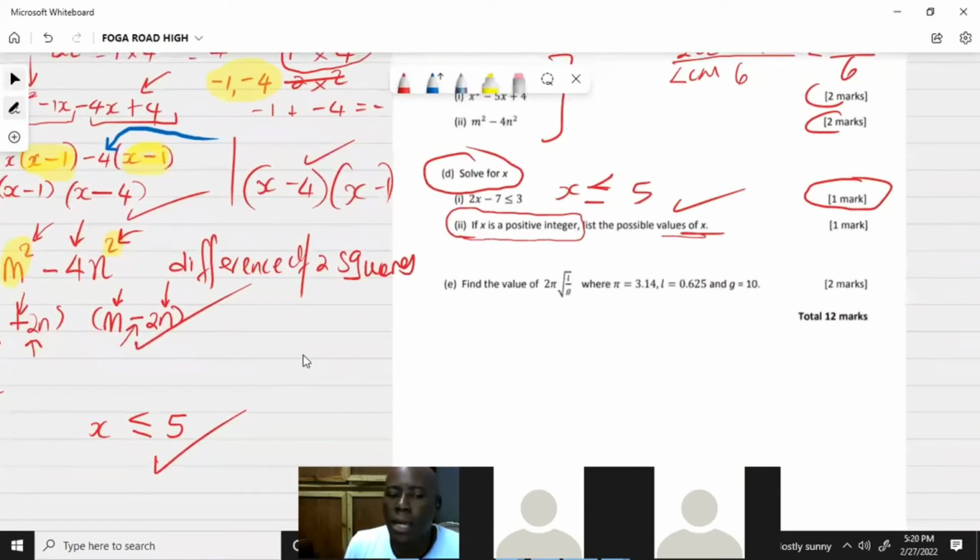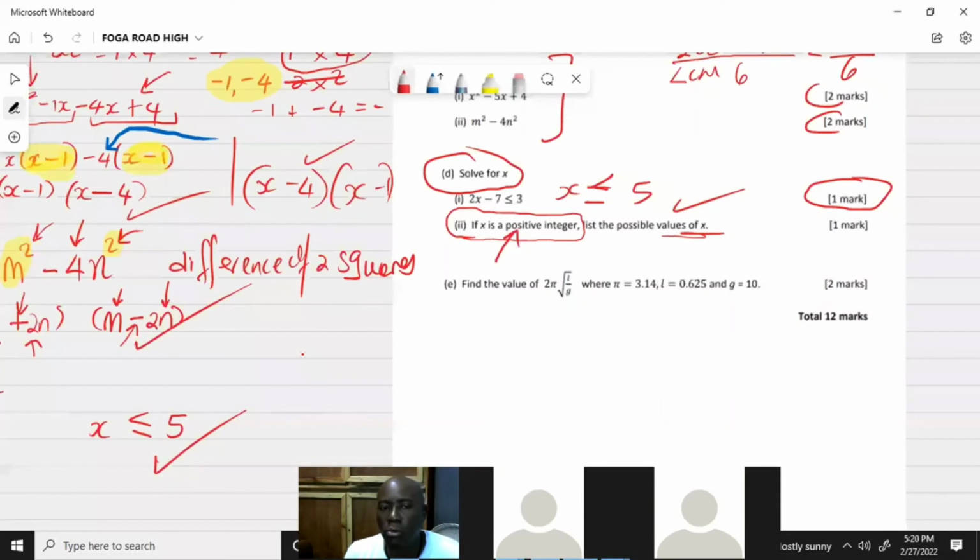So an integer will be your counting numbers, all right? So your counting numbers and the negative of the counting numbers along with 0. Or you could say all whole numbers and the negative of the whole numbers. That's it. But the question doesn't want the negative ones. This time it says if x is positive.